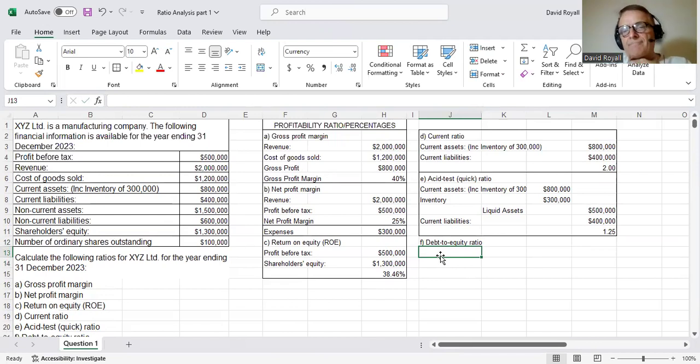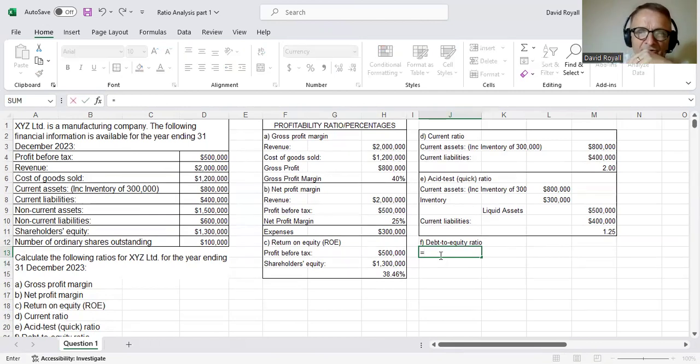All this is, it compares the amount of debt the business has against what the business owners are worth in terms of their investment. And you see, a business is financed, keeping it simple, in one of two ways. Either the finance has been provided by the owners or you borrowed it.